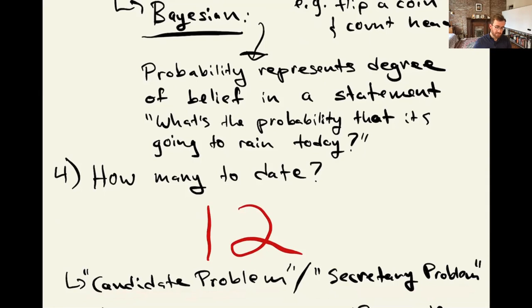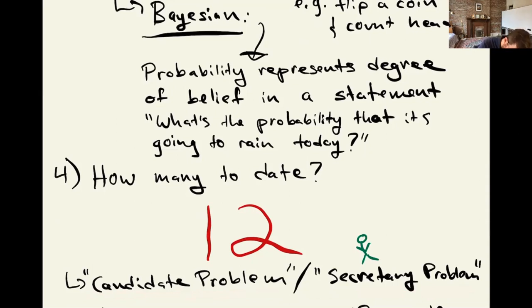So the candidate problem is basically this. Imagine you've got a series of applicants coming in, and they approach you. So here's you. In some random order. And let's assume there is some notion of a total ranking of who is the best person for you.